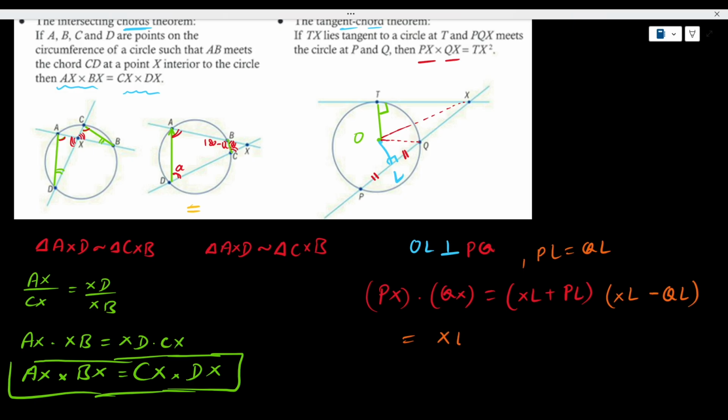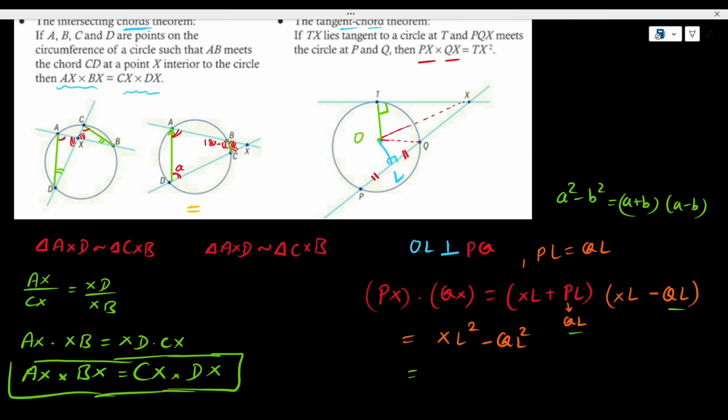So in place of PL, I can write QL. It will become XL square minus QL square, because I have used the identity A square minus B square equals A plus B times A minus B.